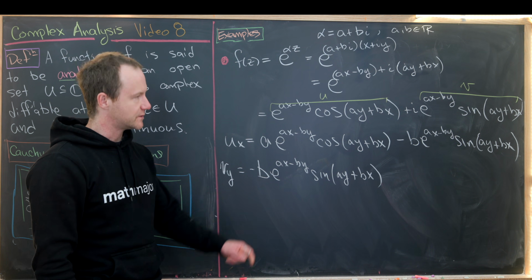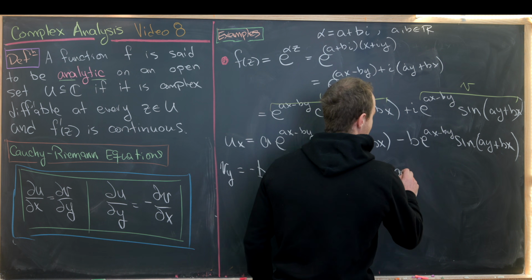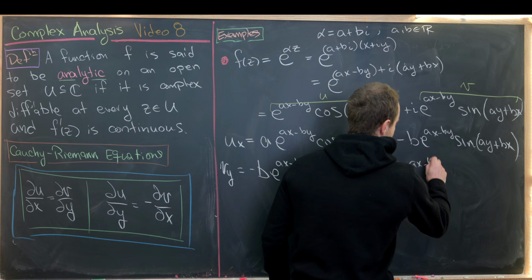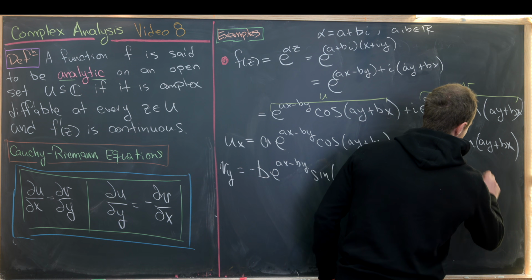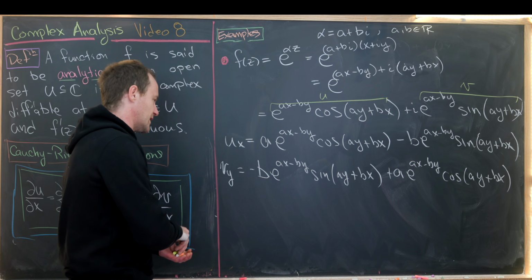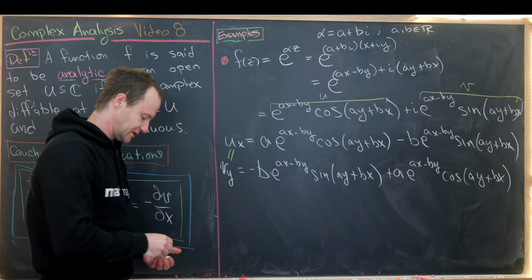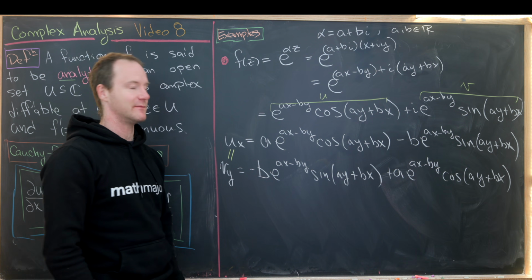The derivative of sine is cosine, and the a comes out because of the chain rule. That'll give us plus a e to the (ax minus by) times cosine of (ay plus bx). But notice it all worked out perfectly, and we indeed do get u_x equals v_y. I'll let you check the other one. It's really just the same kind of thing.